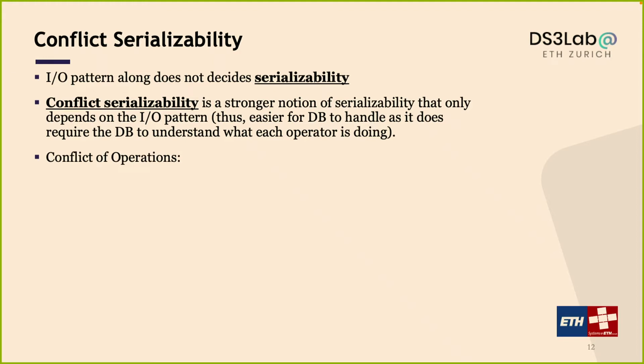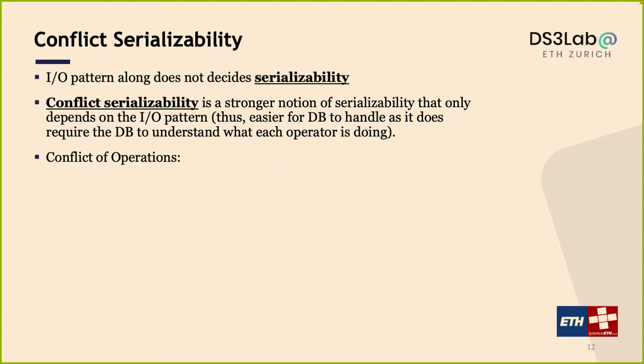So what is the high-level idea of this? Essentially we want to define a notion which is strictly stronger than serializability. That is, if something is conflict serializable, you can imply it's going to be serializable, so you are going to be safe. But if something is serializable, it doesn't necessarily imply conflict serializability because that's strictly stronger.